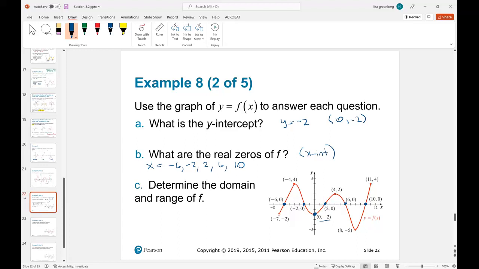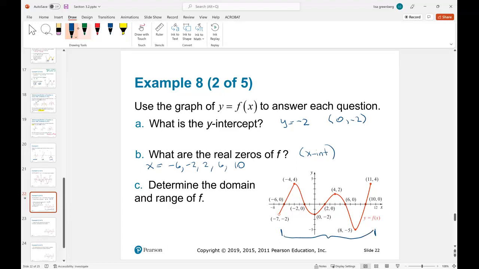Well, it looks like, let me erase all my little blue things. And it looks continuous. It means it goes on without making, it doesn't have any open circles or anything between them. So that means, for the domain, I go from here to here. This is my domain, right?